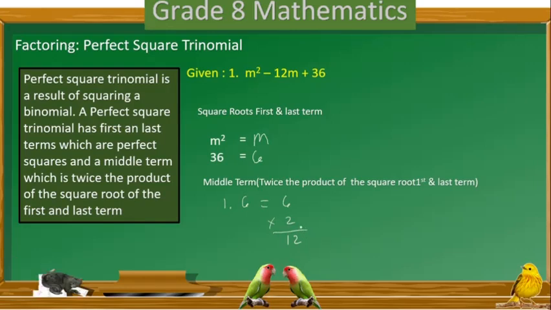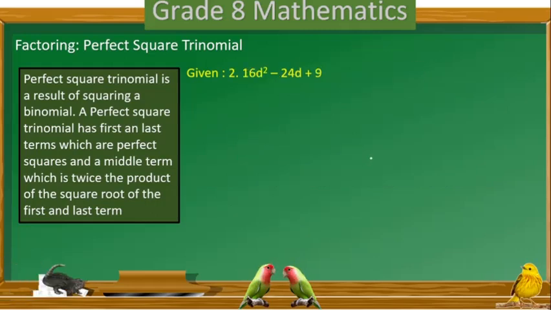So as you can see, this result is equal to our middle term. So all you have to do is to write the parenthesis squared containing the square roots of the first and last term, separated by the sign of the given trinomial, which is negative. That's the answer.